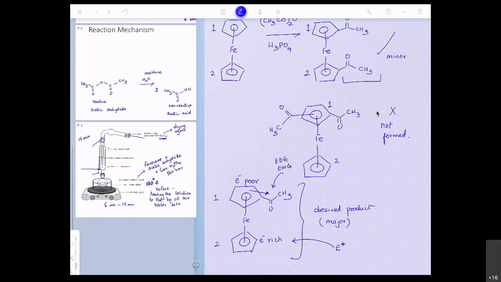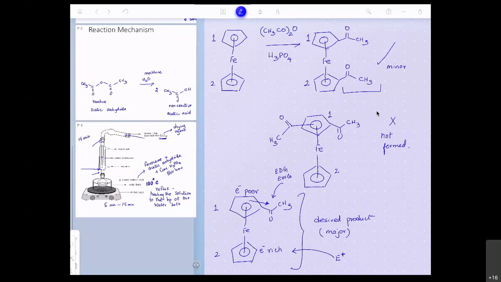So your answer will be, you want to label the rings 1 and 2. It'll be easier for you to write the answer. And then say ring 1 is attached to an electron withdrawing group. So ring 1 is relatively electron poor compared to ring 2. The electrophile prefers to attack the electron-rich ring number 2.